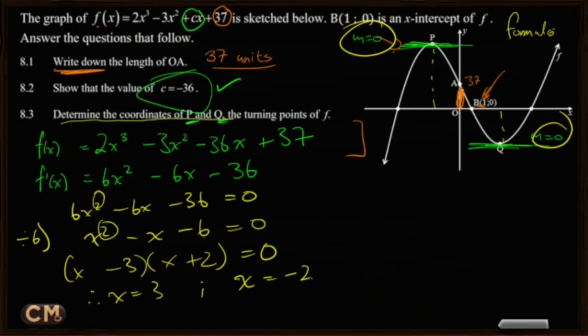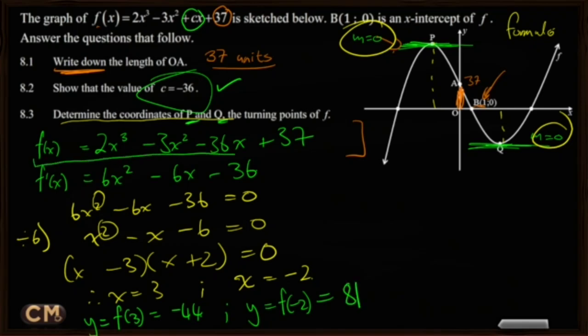So now to calculate the relevant y values, for this one we'll have f of 3, of course, and that's equal to negative 44. So that's that y value. And then over here, that y value will be f of negative 2, which will end up as 81. That is the purpose of this defining equation.